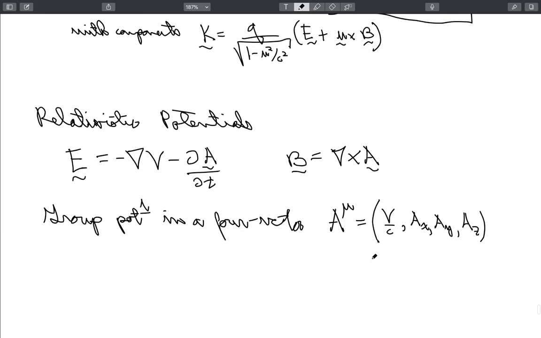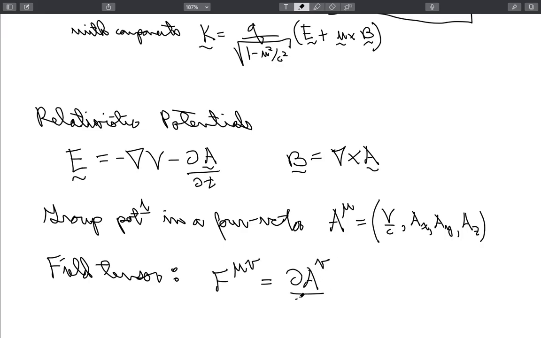Okay, and now what we can see is that the field tensor takes a simple expression. F^{μν} is equal to ∂A^ν/∂x_μ. Okay, careful with the orientation of the indices: the index in the denominator is down, in the numerator it is up. Okay, so the positioning of this index is correct.